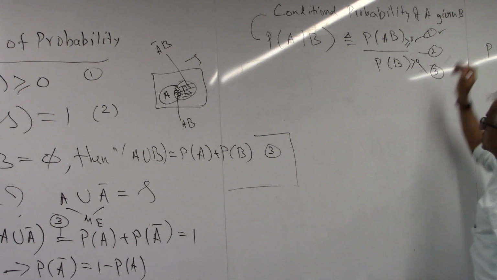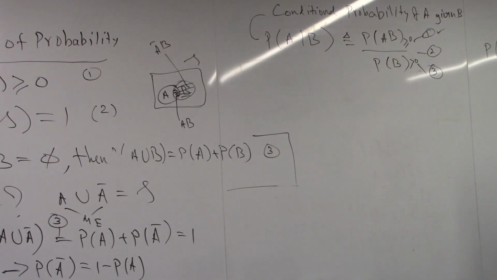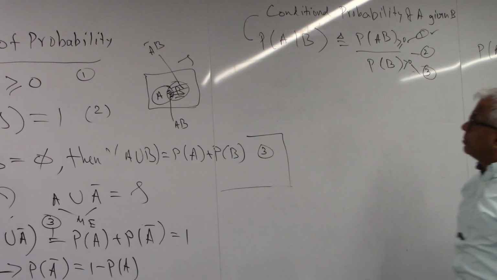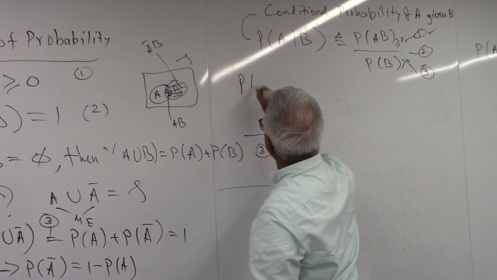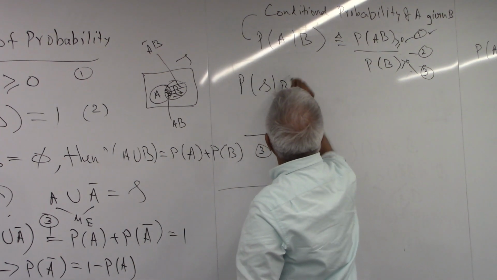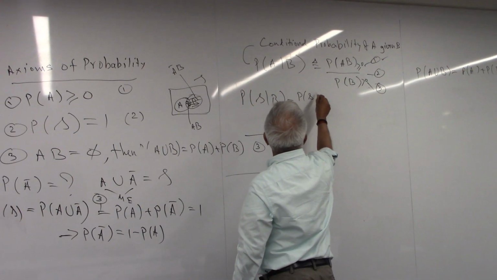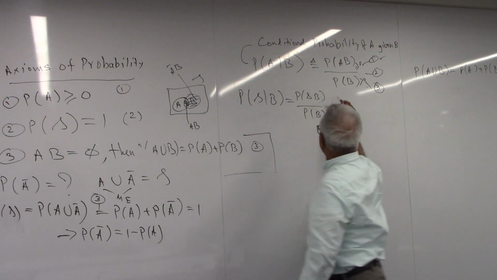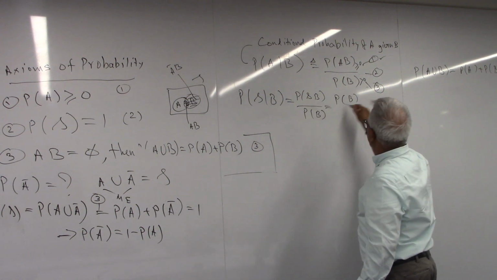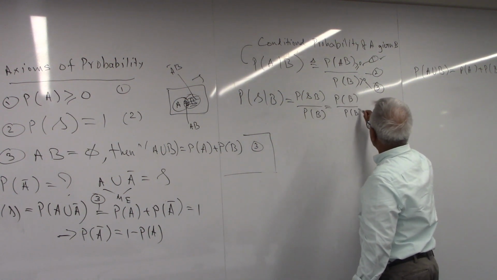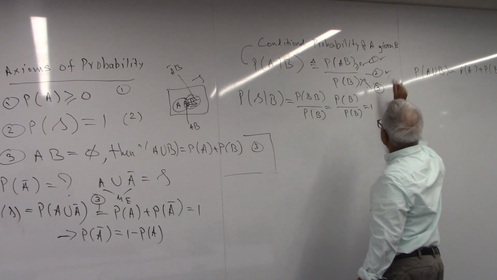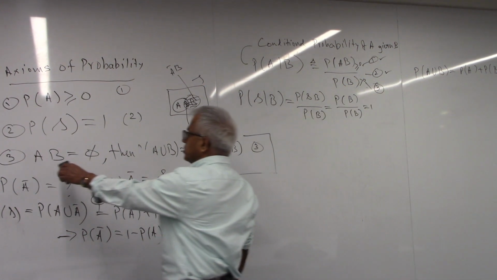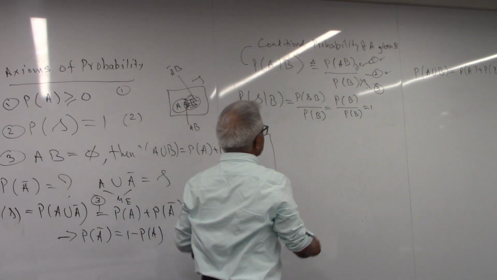So 1 checks because non-negative divided by positive is non-negative. Now the probability of the whole set: I replace A by S. By definition this is P(SB) divided by P(B). But SB is B itself, so P(B) over P(B) is 1. So 2 also checks.